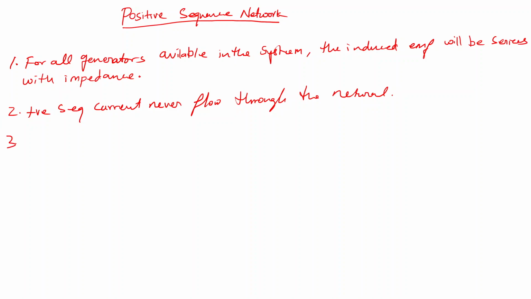Third, for transformer, we will ignore resistance and magnetizing current. These two things we already ignored in symmetrical faults also. Same like that, for the sequence network of unsymmetrical faults we will also ignore the resistance and magnetizing current for simplicity, nothing more, just to reduce the complexity of the calculation.